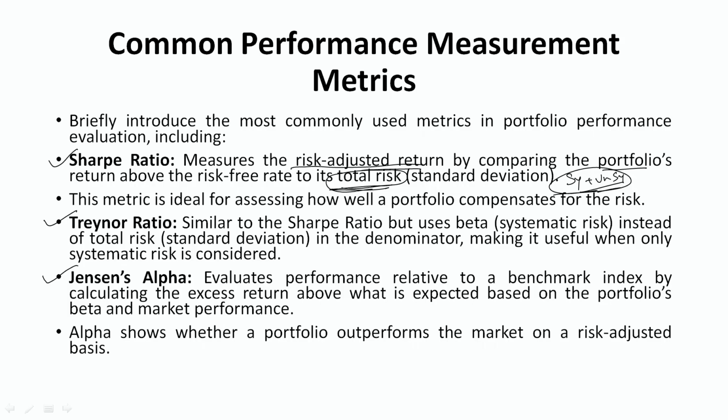So, that is what Sharpe ratio has done. Treynor's ratio, whereas, is considering only the systematic risk into the picture. So, that is the difference between Sharpe ratio and Treynor's ratio, where Sharpe ratio considers both systematic and unsystematic risk, and Treynor's ratio is considering only the systematic risk.